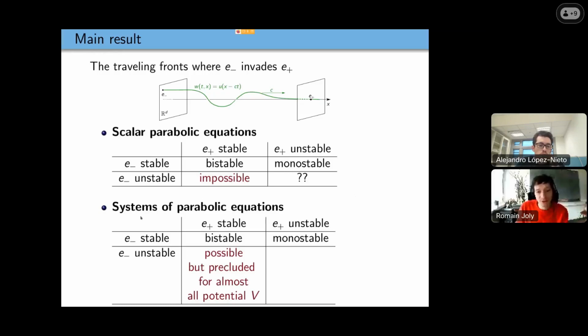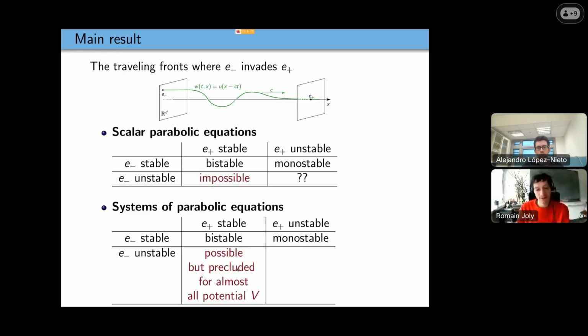But if you look at systems of parabolic equations, with a potential or not, of course you still have the bistable and monostable fronts like this, but it's also possible to have the monostable in the other way, I mean a stable equilibrium which is invaded by an unstable equilibrium. Of course you expect that this is somehow an unstable pattern that we will not usually see in the dynamics, but this kind of solution may exist.